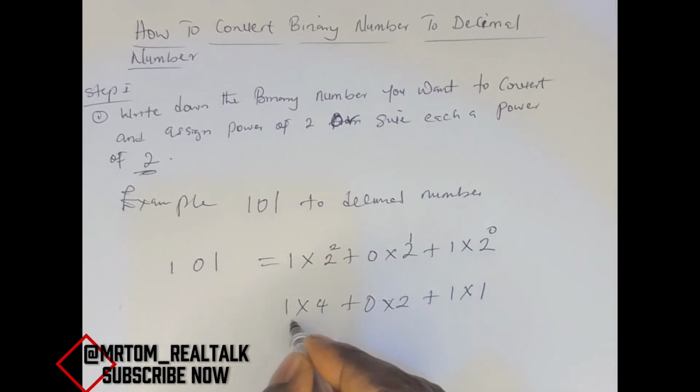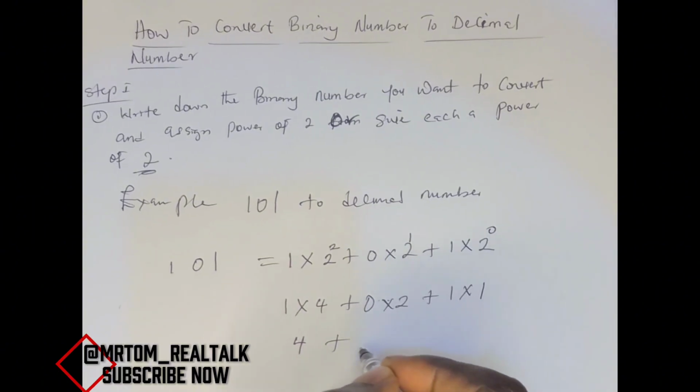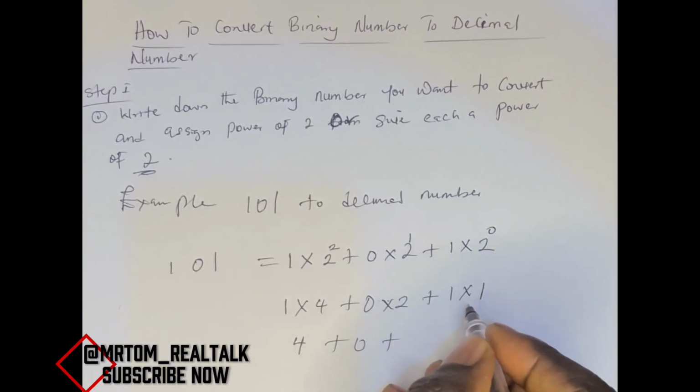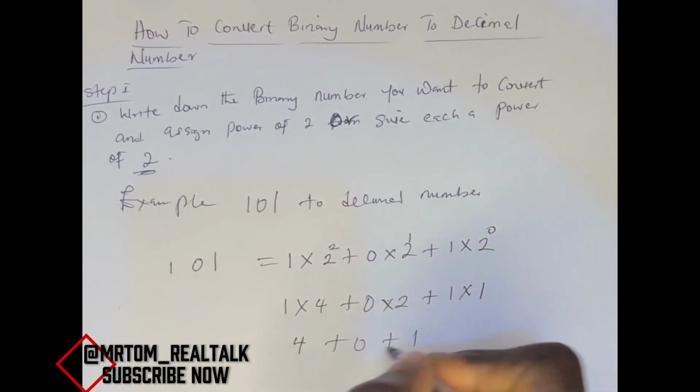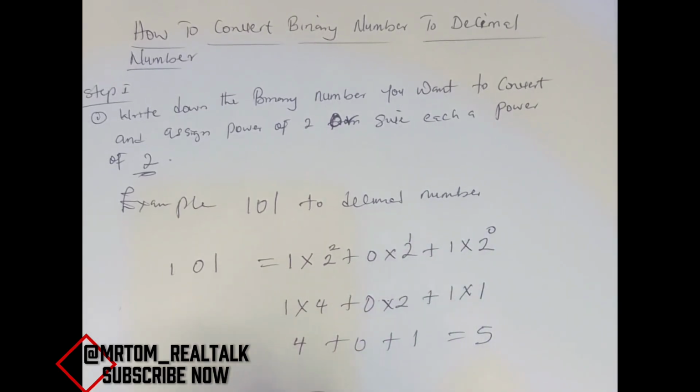So 1 multiplied by 4 is 4, plus 0 multiplied by 2 is 0, plus 1 multiplied by 1 is 1. If you add everything together, it gives us 5. So converting 101 in binary to decimal, the answer is 5.